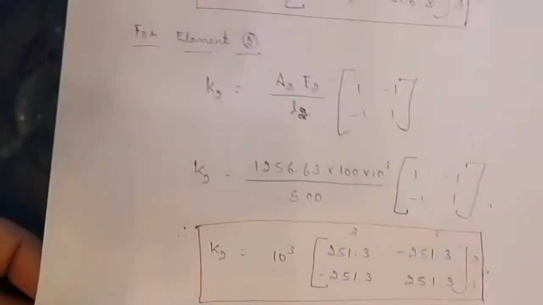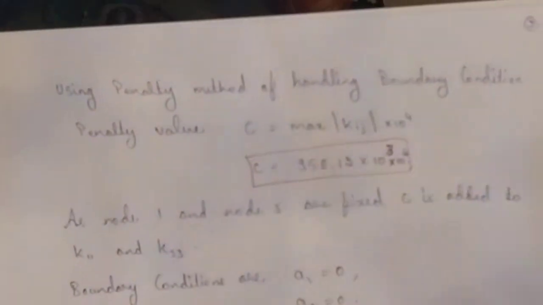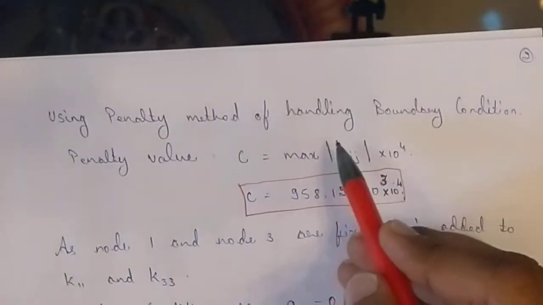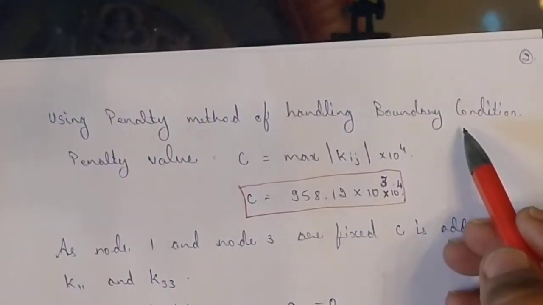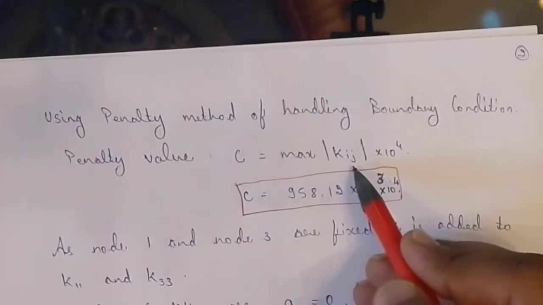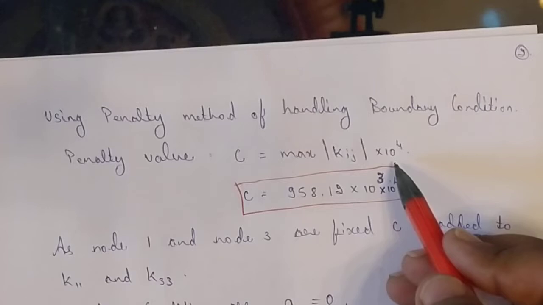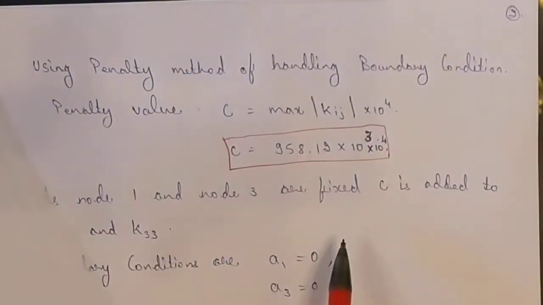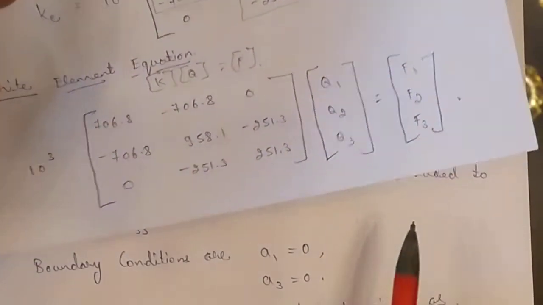Okay. So next, using the penalty method of handling boundary conditions, penalty value C is equal to maximum of Kij into 10 power 4. So what is this maximum of Kij?